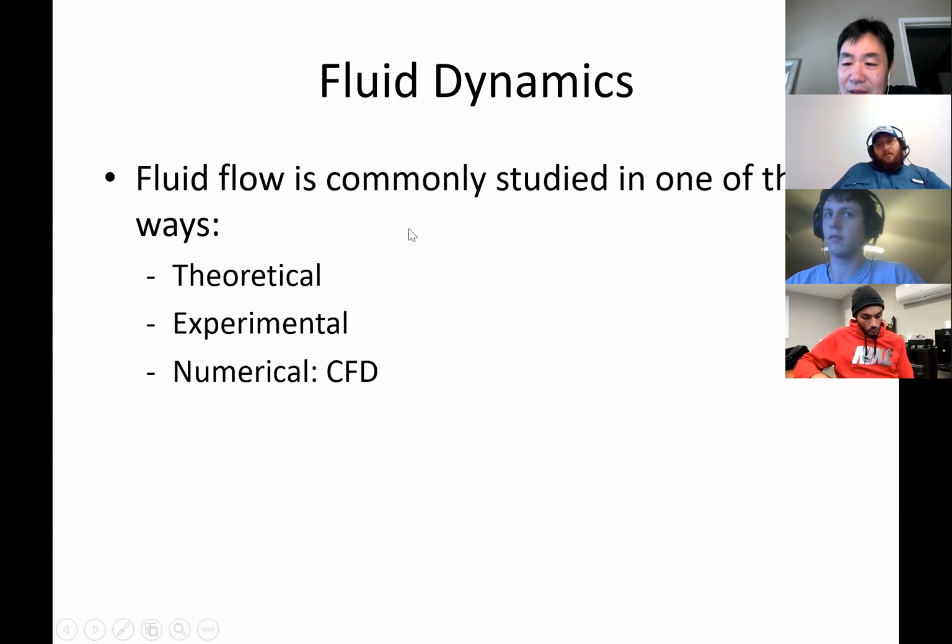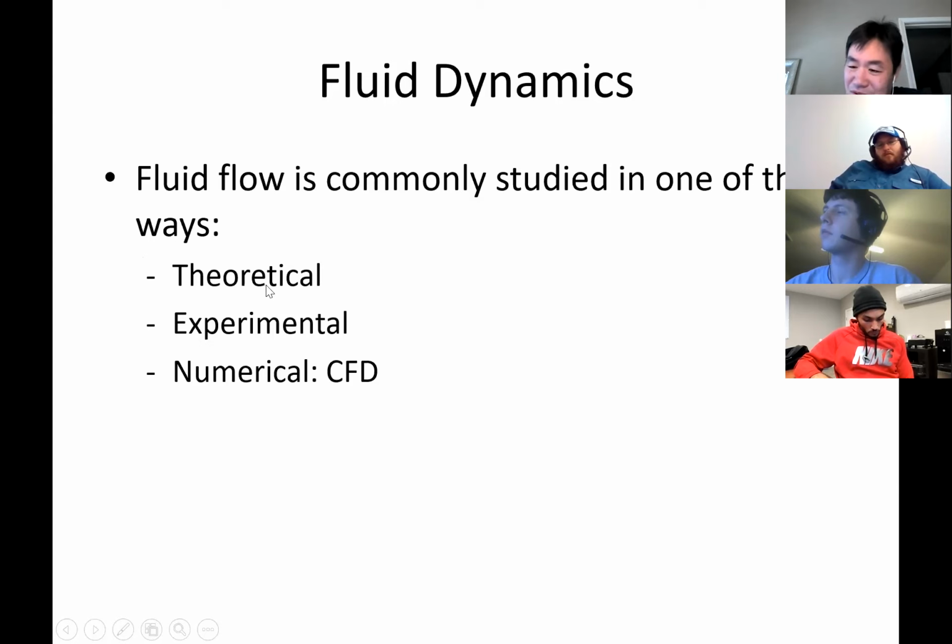But actually, in reality, only a handful of problems can be accurately calculated analytically. Most of the problems are too complicated to accurately calculate theoretically, because you can always use assumptions. You can assume the problem becomes simpler, then you apply equations to solve it.